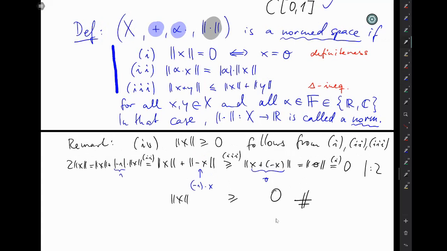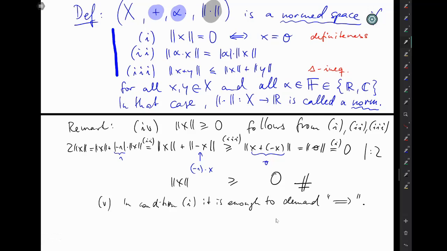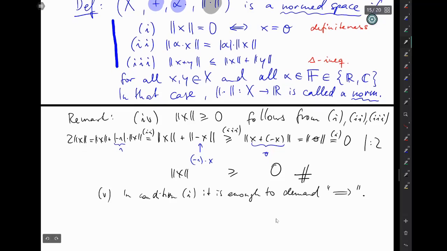Unlike in the case of the metric space, we have even one more simplification to make in this definition. Let me write that down as the next remark. Number 5, in condition 1, it is enough to demand this direction, saying that the other one follows automatically.